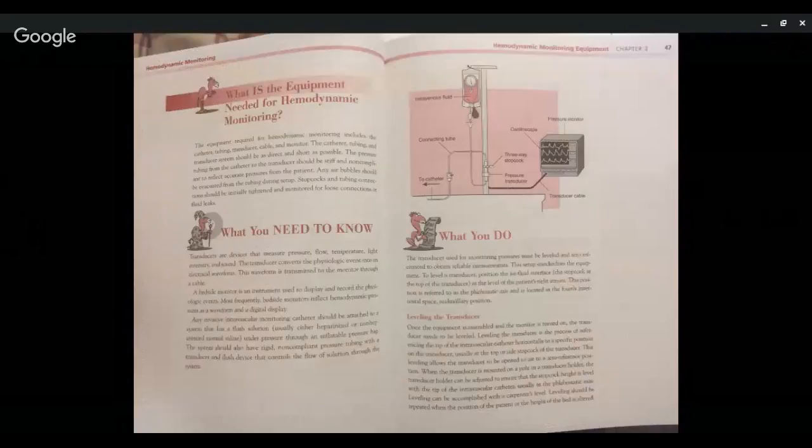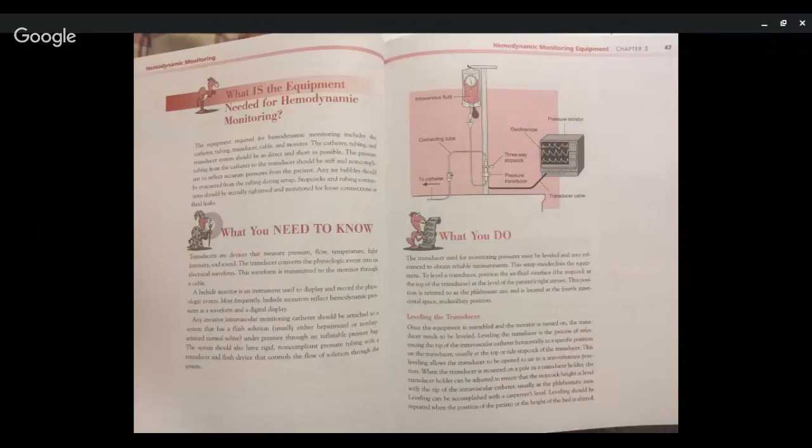The tubing from the catheter to the transducer should be stiff and non-compliant to reflect accurate pressures from the patient. Any air bubbles should be evacuated from the tubing during setup. Stopcocks and tubing connections should be initially tightened and monitored for loose connections or fluid leaks.